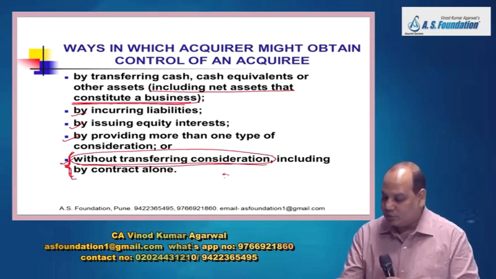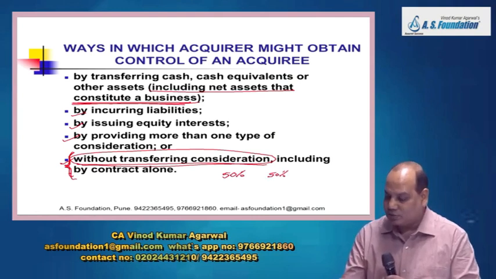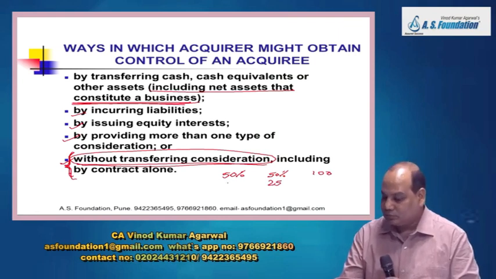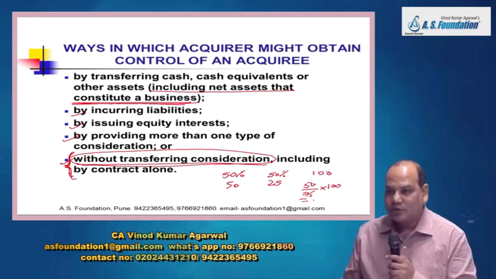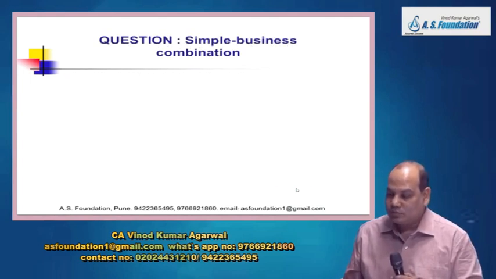So you are holding say 50% share in a company, the other 50 is held by outsiders, total 100. If the company buys back 25 shares from these outsiders, your share will now become 50 by 75 into 100. So you may acquire control even without transferring any consideration. And sometimes it can be contractual.